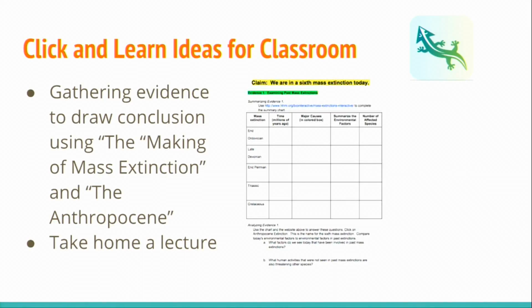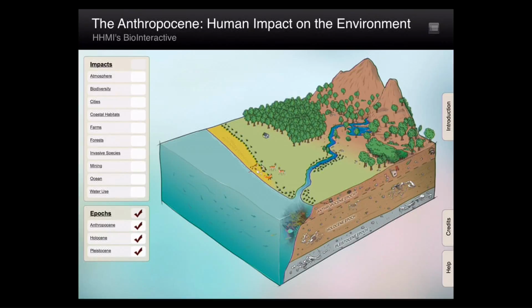And then after they've gathered evidence, as you can see for this one, we've kind of given them what we want them to look at. We want them to look at how long ago it was, what the major causes were, and we've even cued them in, like in the colored box, look at the major causes. This is 9th, 10th grade biology: summarize the environmental factors, and then the number of affected species. Then after they've gathered information about extinctions in general, which kids actually don't have as much background information on except for the dinosaur extinction, we have them look at this biointeractive, where they look at the Anthropocene part of the history of life on Earth, the epoch that we are making claims that we are in right now.